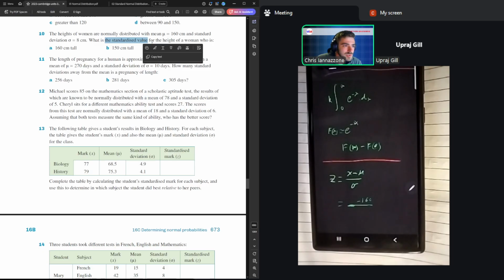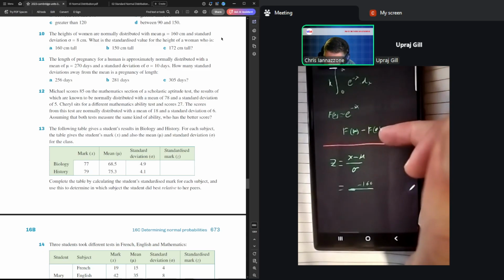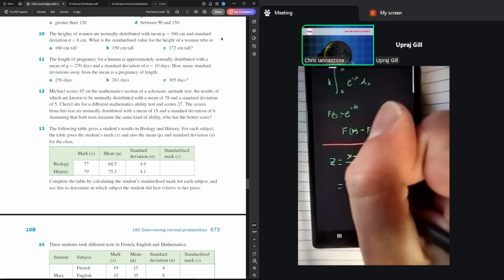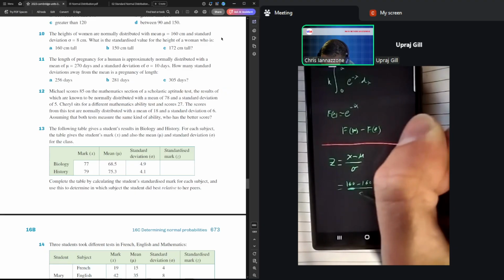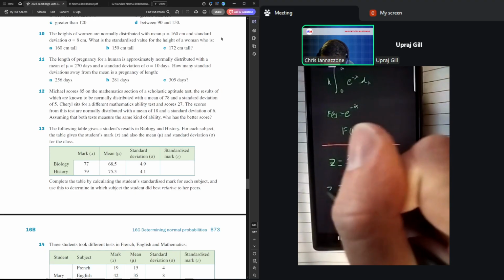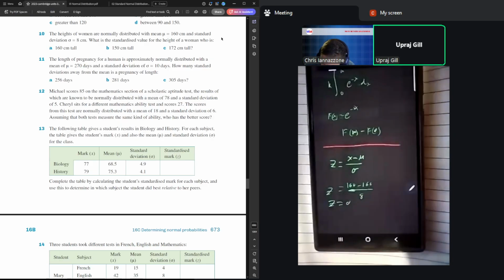If they then refer to standardized or standard anything, that's when you're getting into z. And so the mean was 160, the x value was also 160. The standard deviation doesn't even matter here at this point, but it was 8. Z, therefore, is 0.